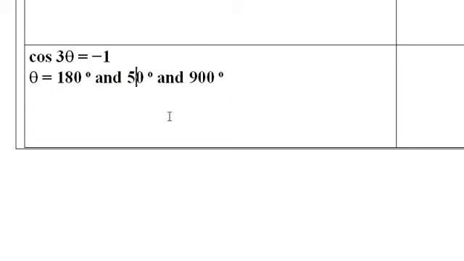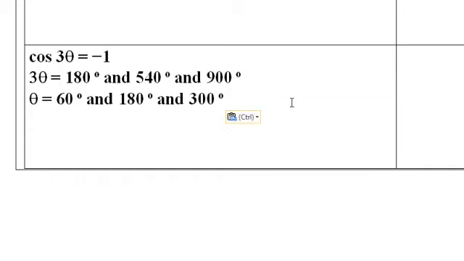It's actually 540 degrees. So here's the inverse cosine of -1 is 180, and then 360 degrees more, and then again 360 more. And that, of course, here is 3 theta. And then we divide these solutions by 3, and these are the solutions for theta.